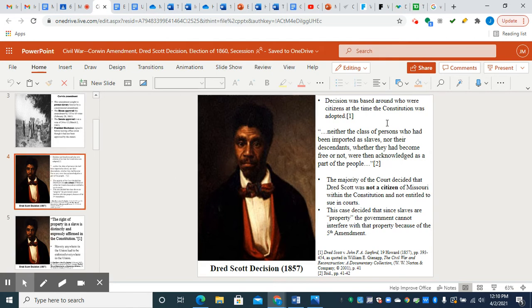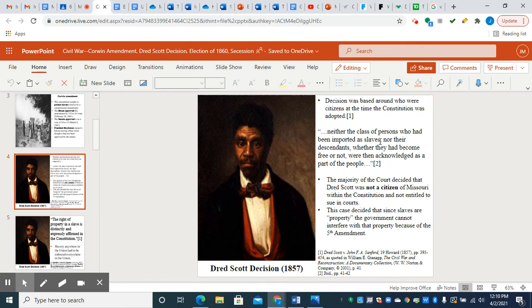Also, the Supreme Court made the decision based around who were citizens at the time the Constitution was adopted. And the quote from the actual decision said, "Neither the class of persons who had been imported as slaves nor their descendants, whether they had become free or not, were then acknowledged as part of the people." So one of the arguments that they made is Dred Scott was not technically a citizen because he descended from African slaves who had been imported.